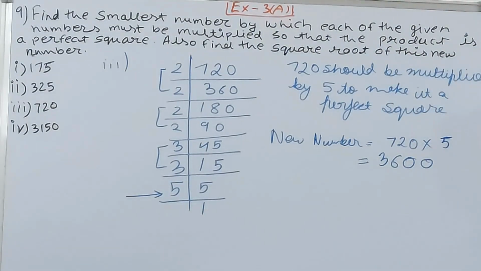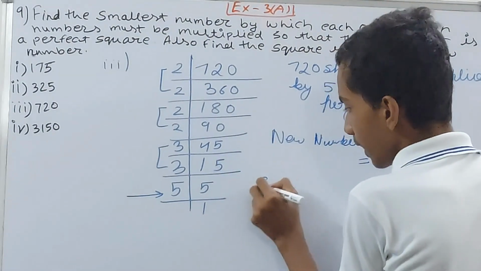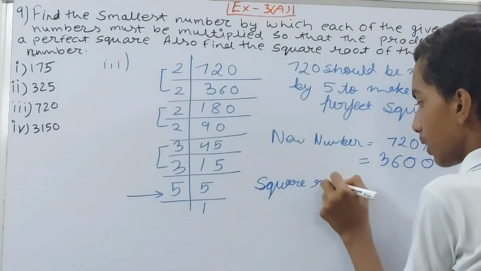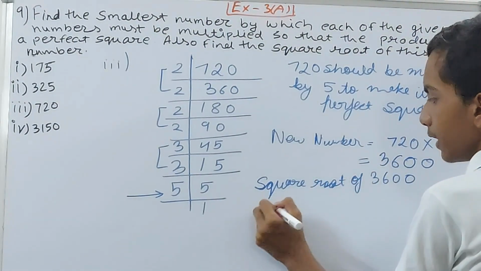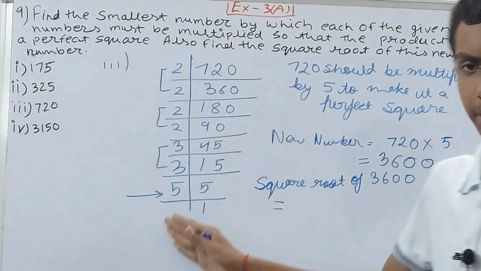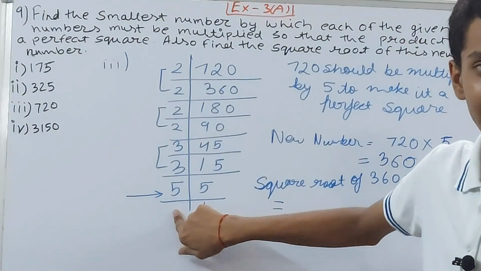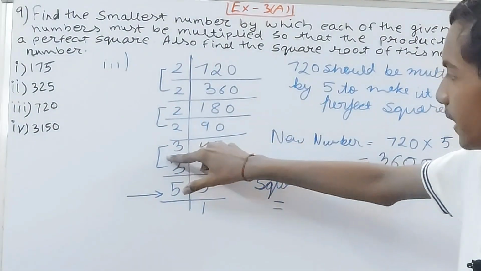Then next step is what? See, 3600 here, and now the square root of 3600 will be what? So all these factors will be same of 3600, but one more 5 will come here. So you can see how many pairs were being made right now? 3.